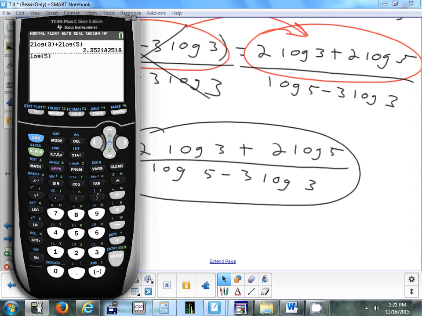Log 5 minus 3 log 3. That part's pretty easy. So now we've got the top, we've got the bottom. Just take those 2 numbers and divide them. Then we could get what this equals. All right, 2.352 divided by negative 0.732.